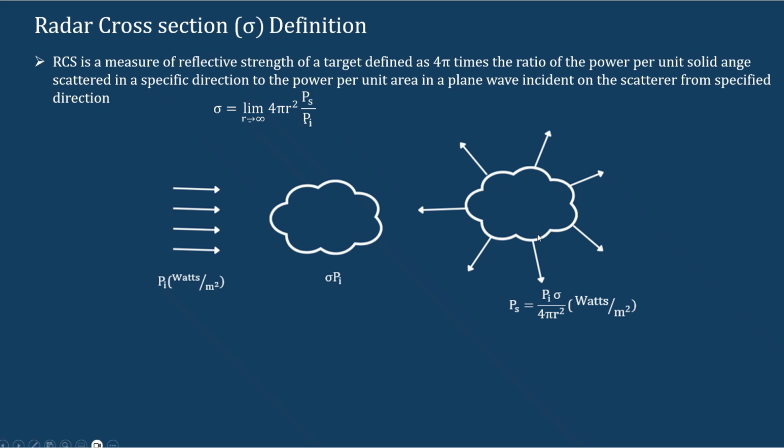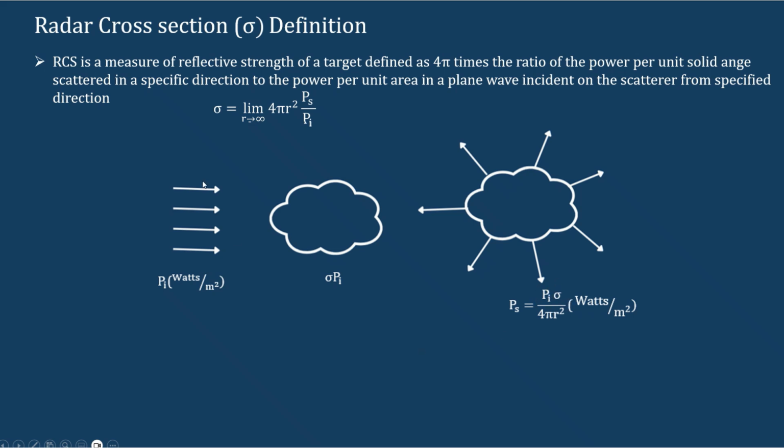In that case, the power in a particular direction can be given by sigma P_i divided by 4 pi r square, where r is the distance between the target and the source. We know that 4 pi r square is the contributing factor when considering isotropic scattering. So the scattered power in a particular direction is P_i sigma divided by 4 pi r square, and from this equation we can calculate the RCS.